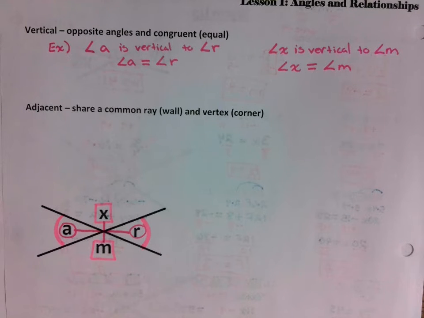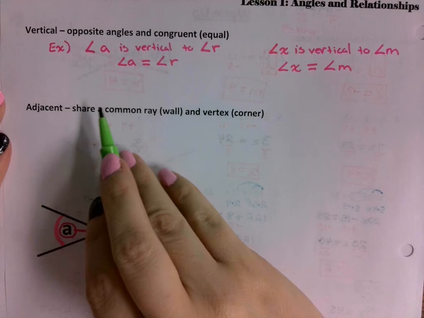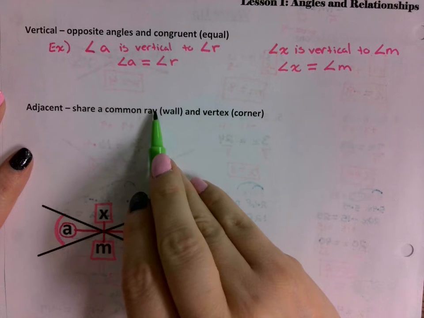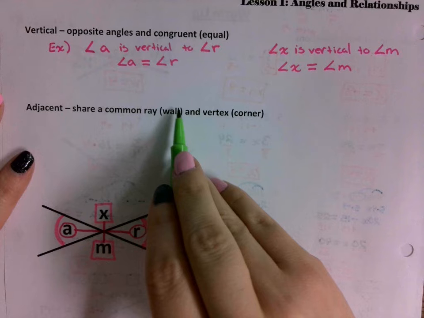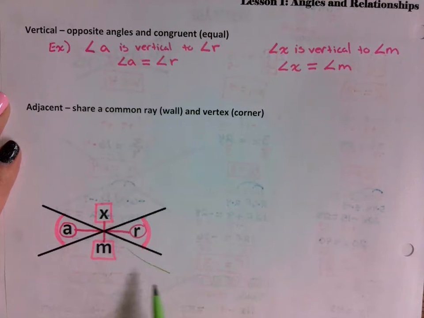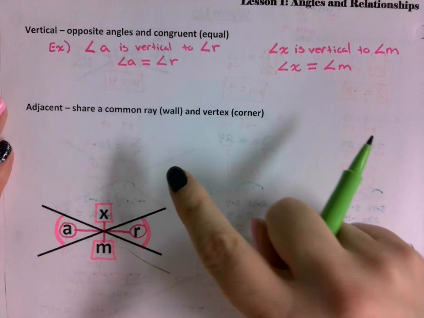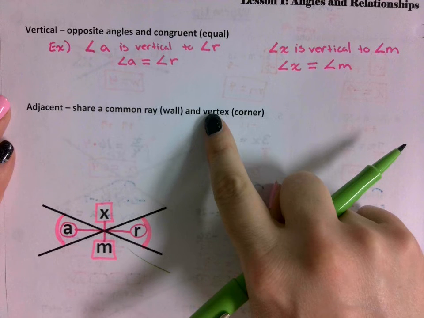All right, then we've got our adjacent. Like I said, adjacent is our next door neighbors. So notice that I say they share a common ray or wall, right? These lines are called rays, but you can think of them as walls. And a vertex. They have a common vertex or a point, a corner.